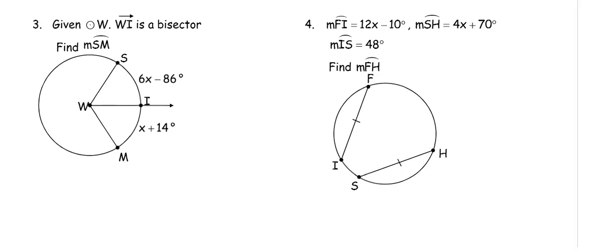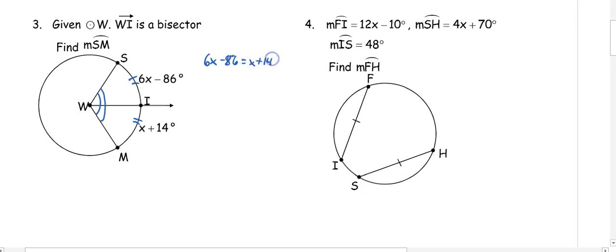Number three, given circle, WI is a bisector. So this angle is bisected into two congruent parts, which means that these arcs are going to be congruent, so we can set them equal. So we would have 6x minus 86 is equal to x plus 14. So I'd get 5x equals 100.